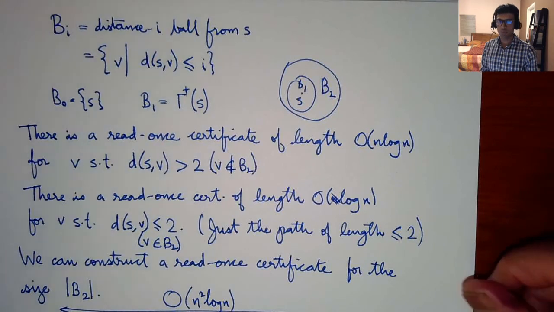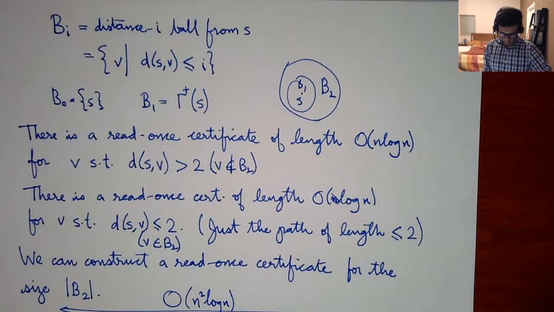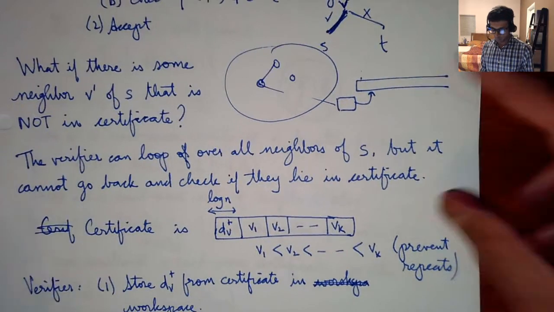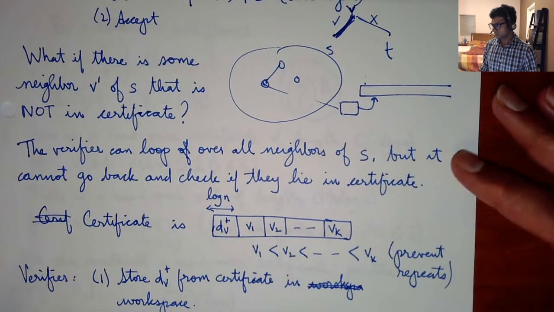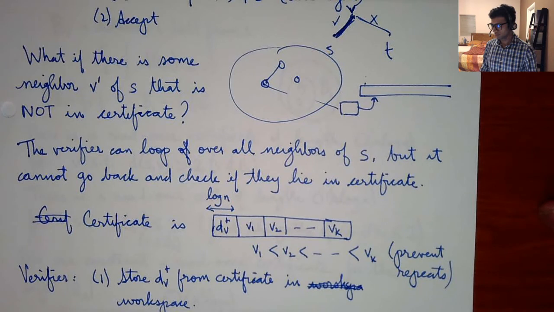There is a read once certificate, and that read once certificate is the out neighborhood with the degree. But doesn't the bit vector imply the out neighborhood? The thing about the bit vector is that it needs to know that the bits are not incorrect.